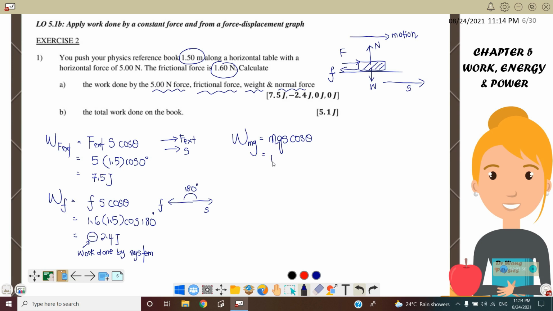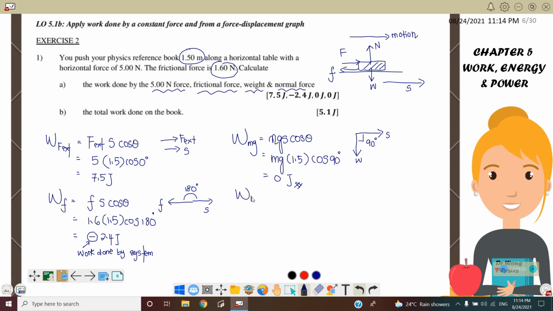But never mind, we just write mg. S is 1.5. So cos, because our weight is acting downward and s is to the right, the angle is 90 degree. So therefore cos 90, at the end you will get 0 joule. So even though you don't have mg, never mind, because the final answer you will get 0.